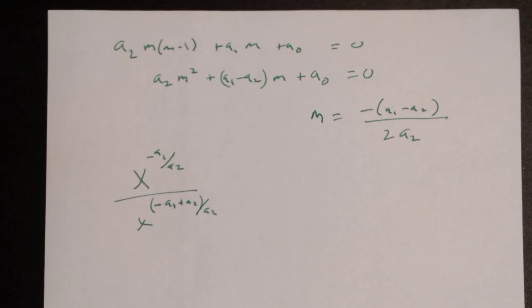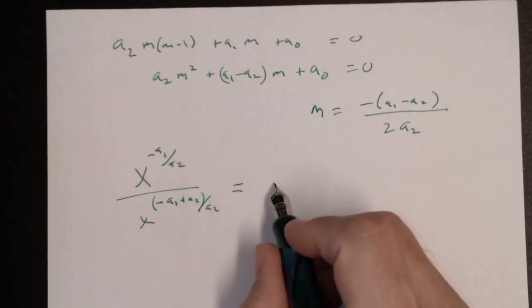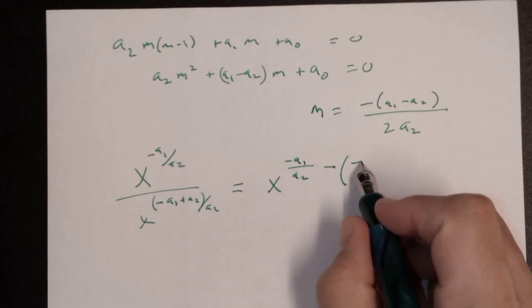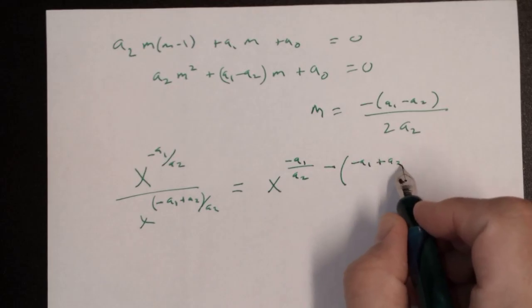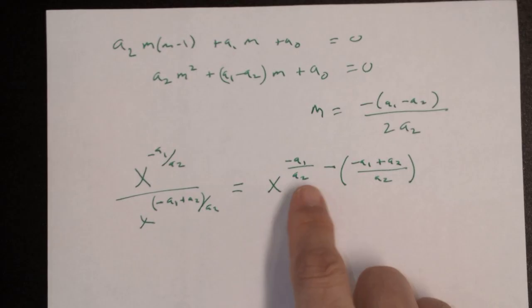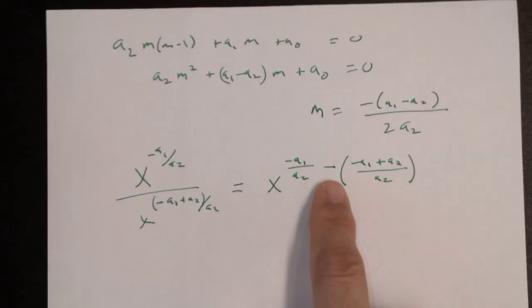And do what? But before I can multiply it, what do I have to do to the power? Aha. Hey, wait a second. Minus a1 over a2. Minus a1 over a2. What happens? Almost. I get a negative 1.